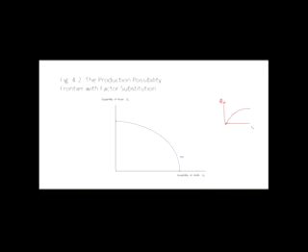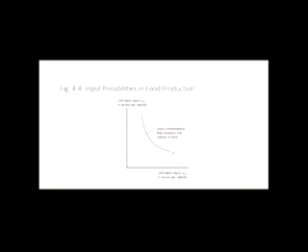But the more and more we substitute with labor, we may ultimately need to replace 1 unit of land with 3 units of labor.